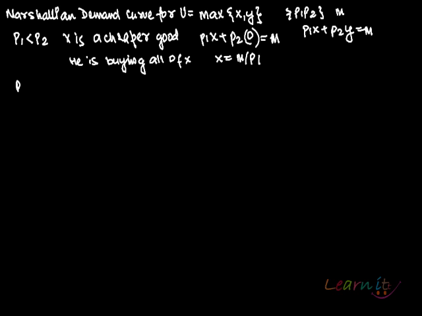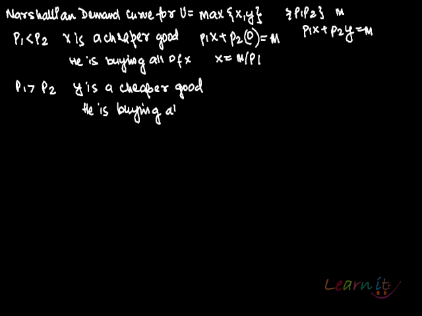Clear? If P1 is greater than P2, again y is the cheaper commodity. Y is a cheaper good, so he's buying all of y.